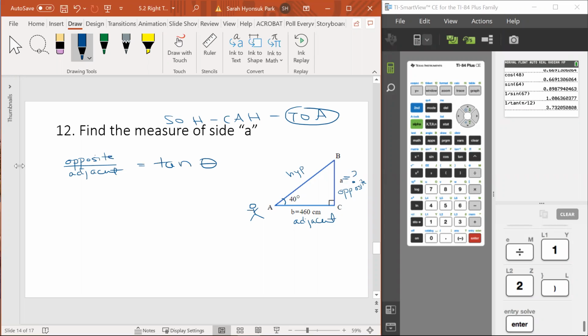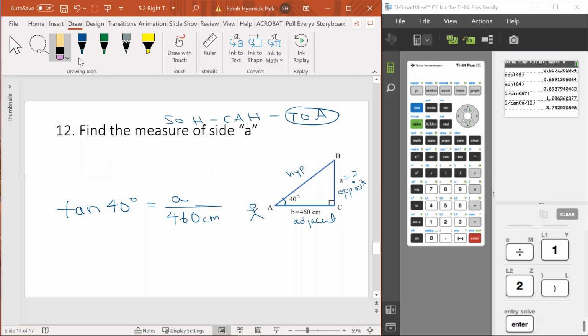So knowing that, we have the tangent of the angle. We know the angle, it says it's 40 degrees. Take the opposite, which is A, and then divide that by the adjacent, which is B. But we also know B, so we can just say B is simply 460 centimeters. Tangent of theta is opposite over adjacent.